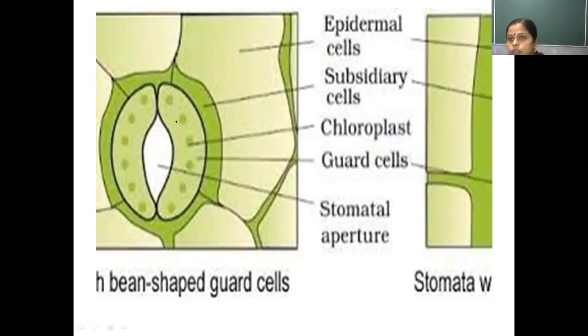So what is the main function of stomata? It is involved in a process called transpiration. What is transpiration? The loss of excess water, which is not required for the growth of the plant. So stomatal apparatus are the main appendages of the plants involved in transpiration. These we can see in the epidermal tissue system.